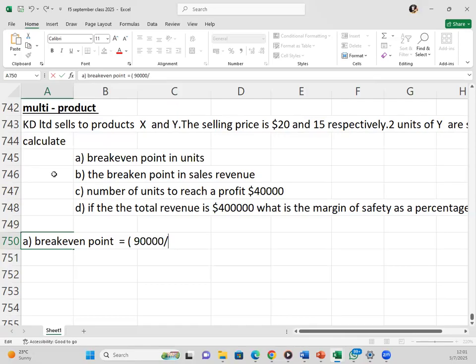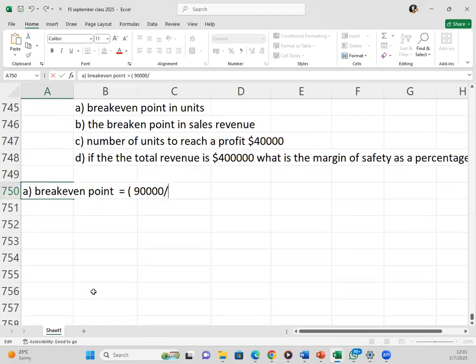The weighted average contribution, in this case, is not given. We can calculate contribution, but weighted average is not given. So let's work out the weighted average contribution that we need.